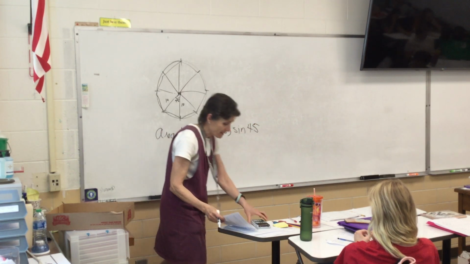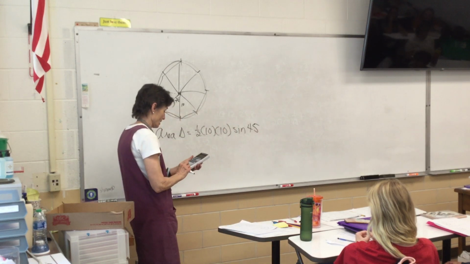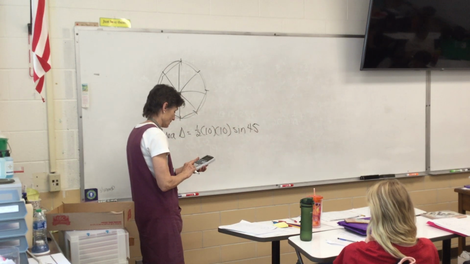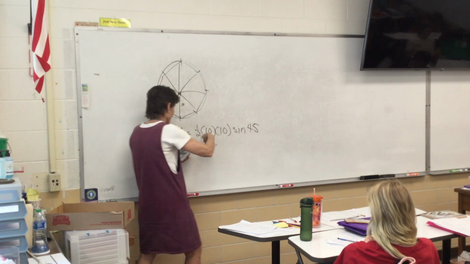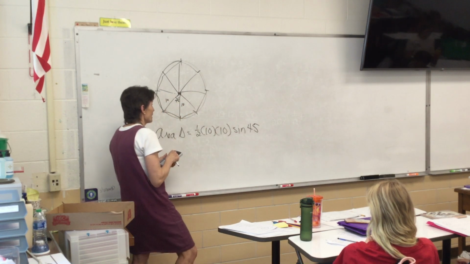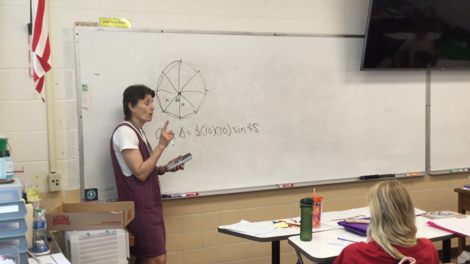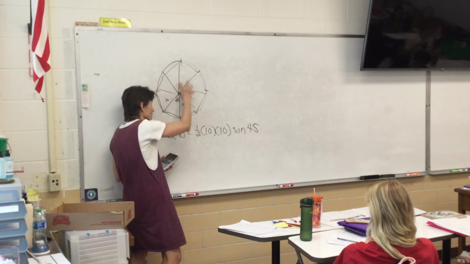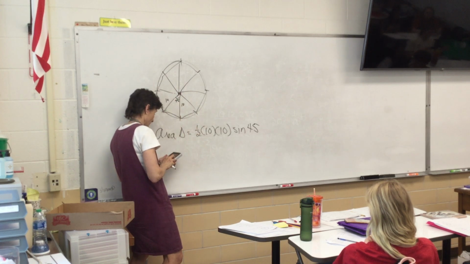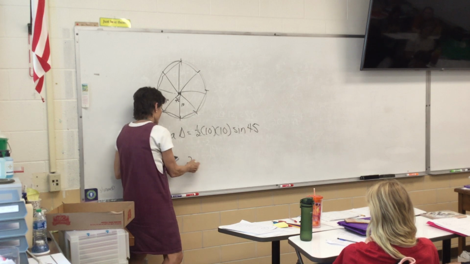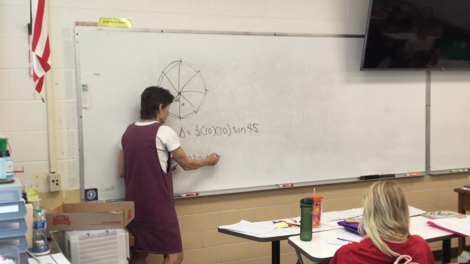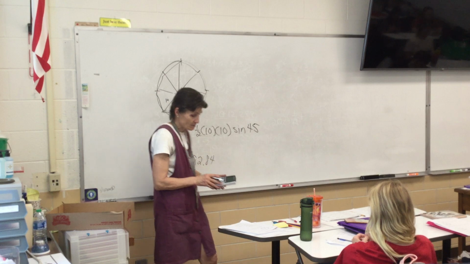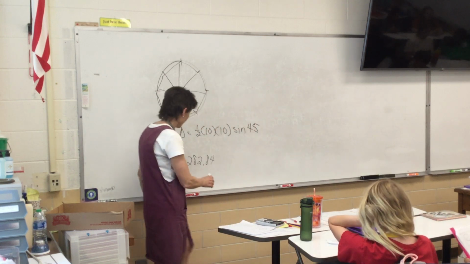Now I can type that in my calculator. And I get a value for this, but that's not the answer to the question. Remember, this was the triangle. So what do I have to do to get the area of the whole shape? Not divided by 8, multiply by 8. So the answer is 282.84. That would be the answer, and that would be square inches.